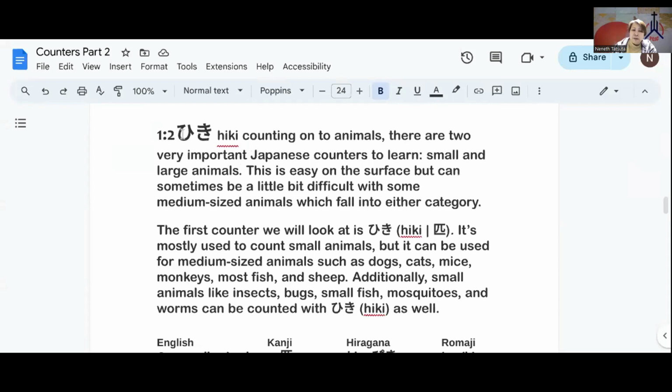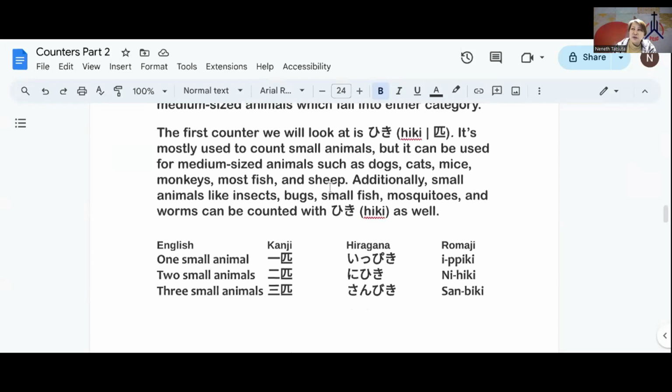For the hiki. Hiki is for counting small animals, especially insects, like cockroaches, bugs, mosquitoes, worms, those little small, cute insects.